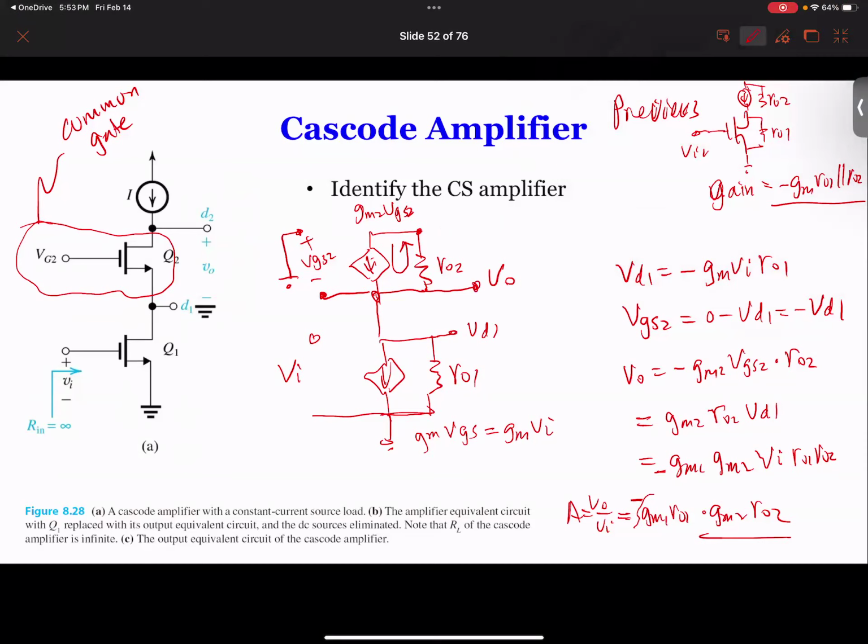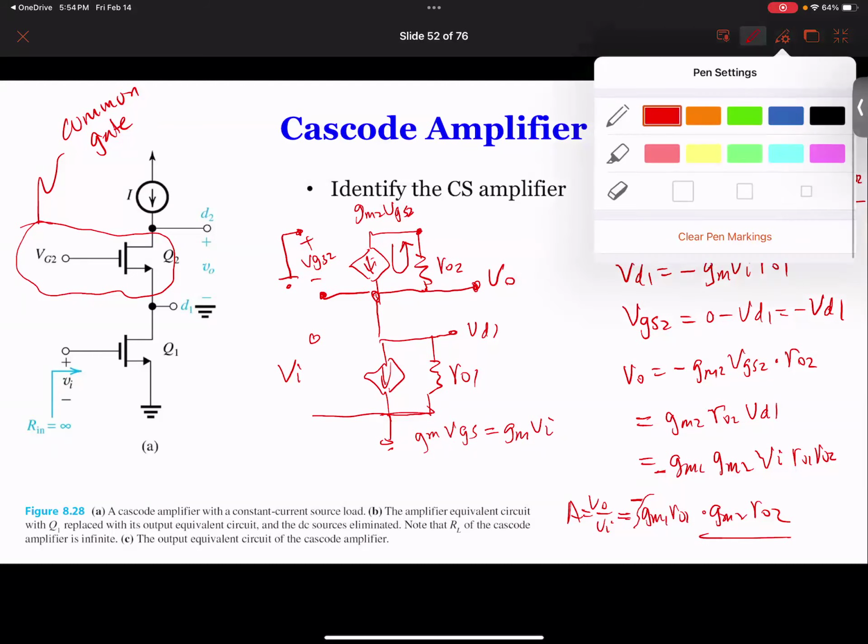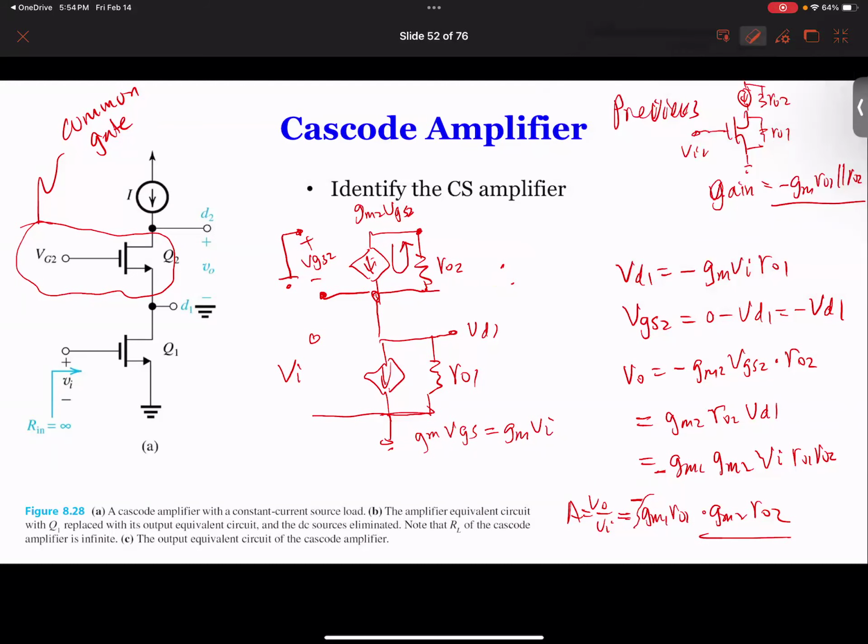VO is between D2 and D1. Sorry. So it's at the output.